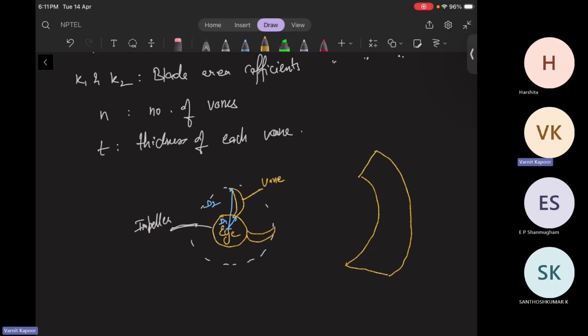So this was position 1, let us say, and this is position 2. Okay, so this is position 1 and this is position 2 of a vane. You are visualizing it from a top view.